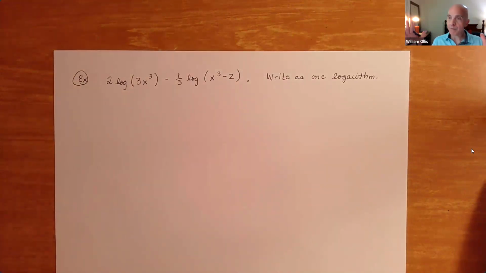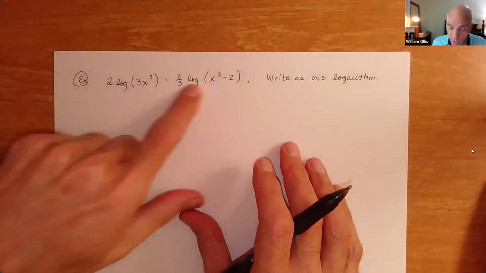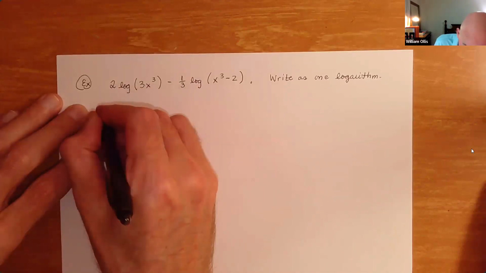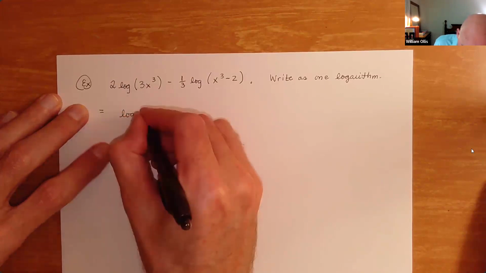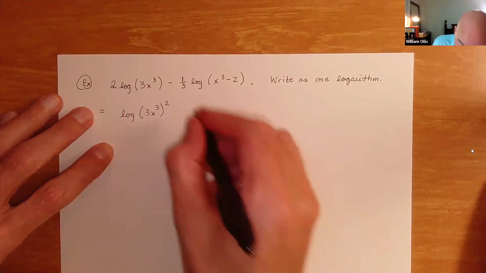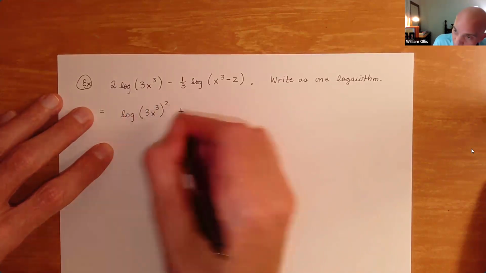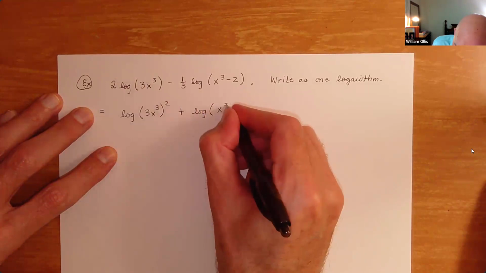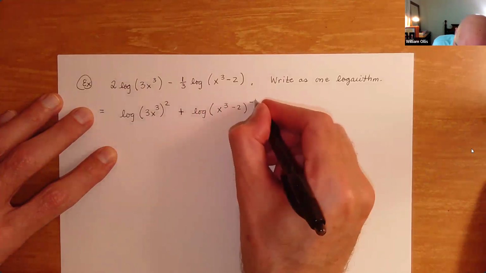So in order to eventually combine these logarithms, we must have coefficients 1 or minus 1. That is where we would use the product rule with a plus, or we'd use the quotient rule with a minus. So in both cases here, we want to apply the power rule first to get rid of the 2 and the minus 1/3. So we have the base 10 logarithm of 3x cubed raised to the second power minus, or now we'll just plus, let's just move up the whole thing and practice our algebra, the base 10 logarithm of x cubed minus 2 to the negative 1/3.